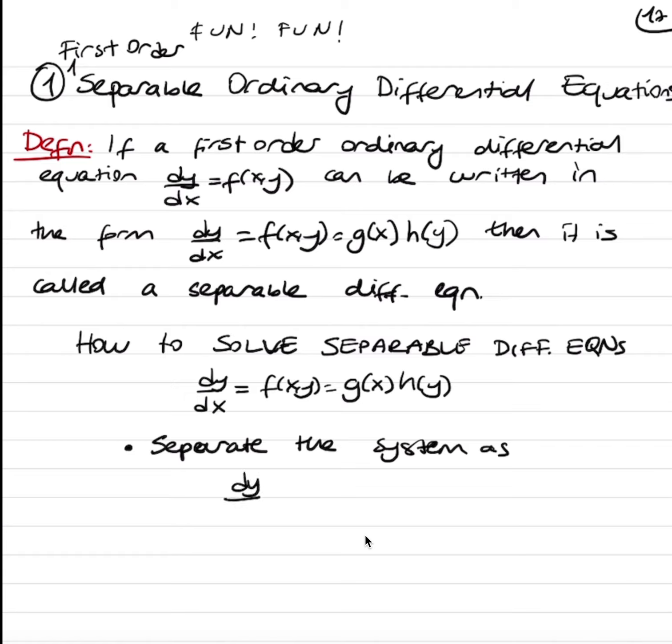What do we mean by separate? We collect y terms on one side and x terms on the other side. We divide by h of y and multiply the other side by dx. We collect the terms which depend on y onto one side and those which depend on x onto the other side, completely separating the x and y terms.